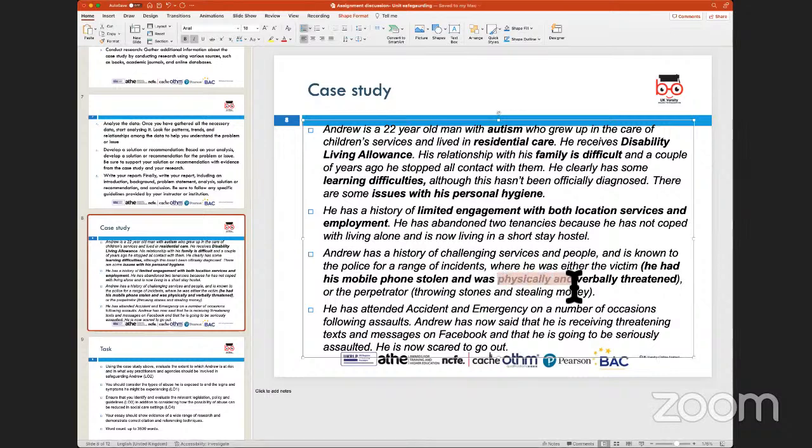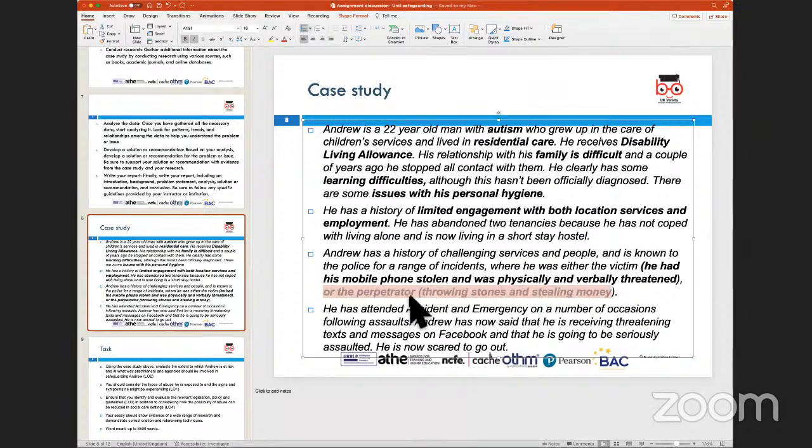So here is where we need to relate to what kind of abuse he has been suspected of or put through. This abuse is physical abuse, which is what the word physically gives a clear indication of. Verbally threatened is basically bullying. It could be emotional abuse, it could be psychological abuse, or the perpetrator throwing stones and stealing money.